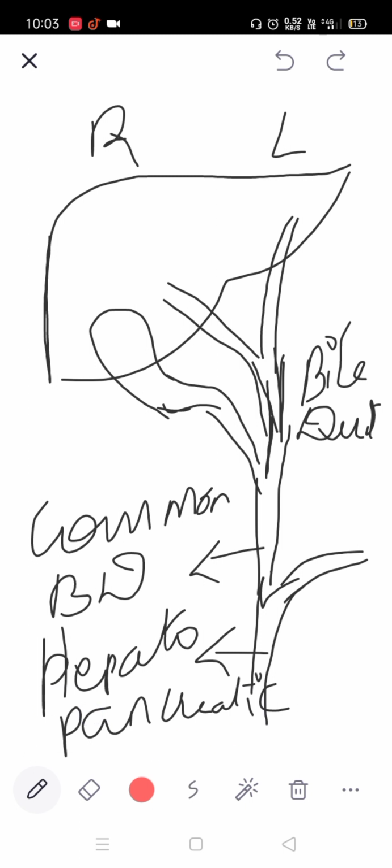Here you are going to have the pancreas, which is the next gland. This is the structure and the ducts of the gallbladder, and here you are going to have a valve. This valve is called the sphincter of Oddi. The sphincter of Oddi guards the hepatopancreatic duct.